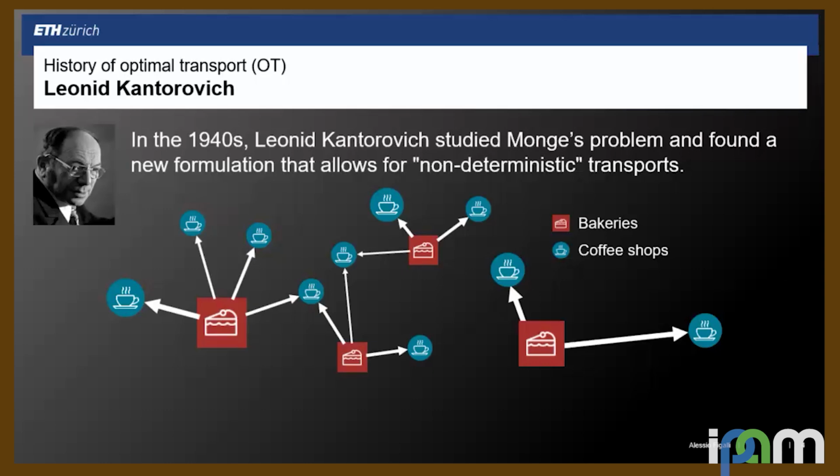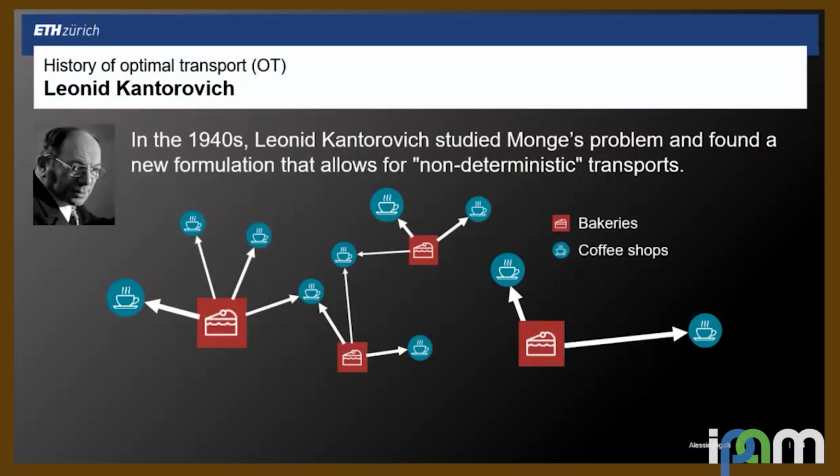But you see that if you have a simple problem like this, where you think that the bakeries are the ones that produce, let's say, bread or croissants, and they want to send them to several coffee shops in the city, of course, it makes no sense that a single bakery can only send croissants to a single coffee shop. That would be totally useless. So the idea is that a single bakery can supply multiple coffee shops, and a single coffee shop can get croissants from more than one bakery.